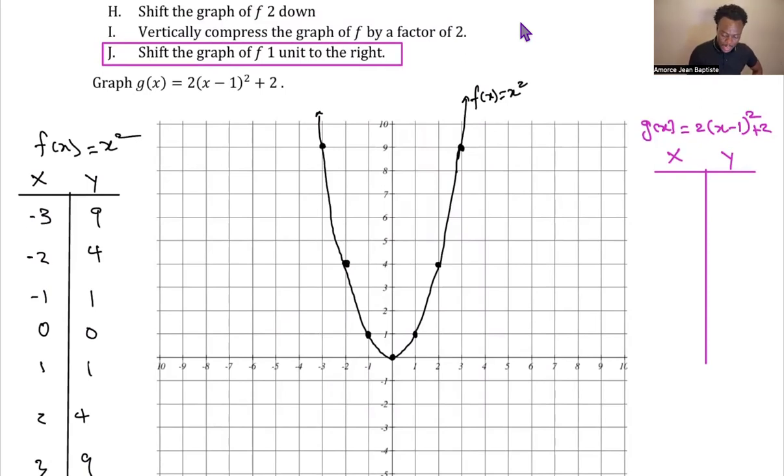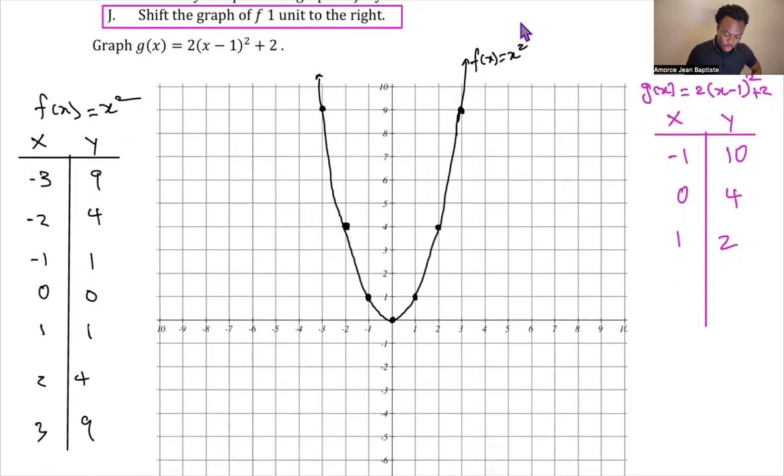In my table, for -1 we got 10. For 0, we have 4. For 1, we have 2. For 2, we have 4. And for 3, we have 10.